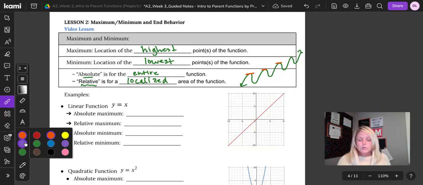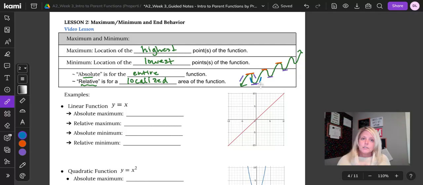But then I also have some localized or relative minimums because it's higher on either side. So if I look at this area and this area, they are lower than a relative max. But if I look at this region and this region, those are higher than this relative minimum.